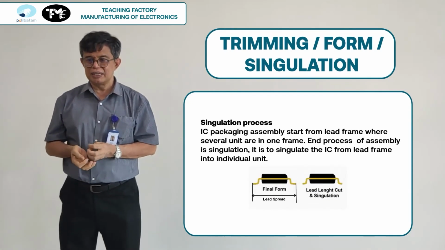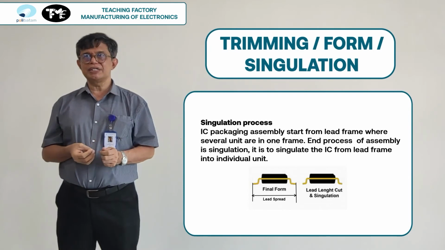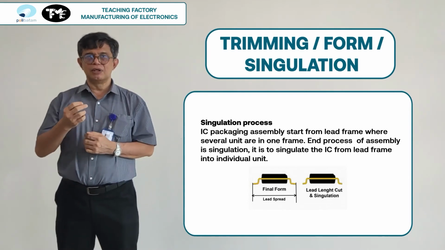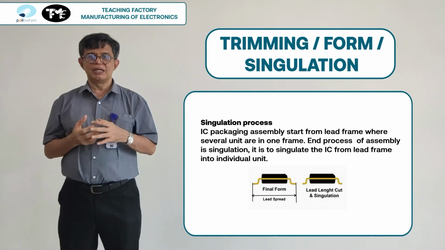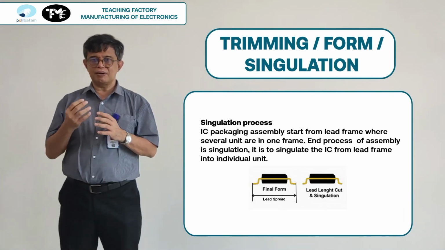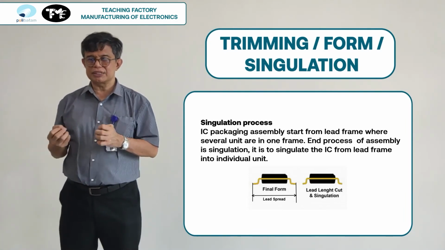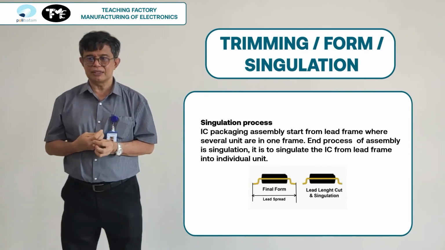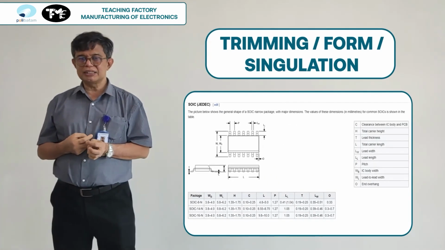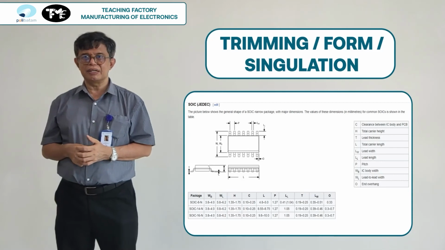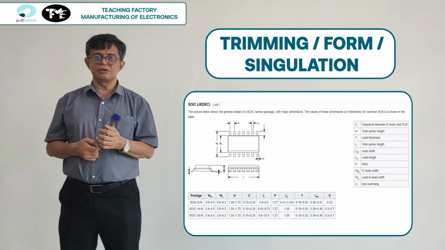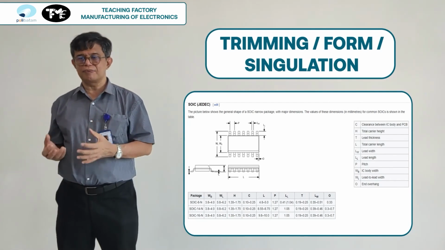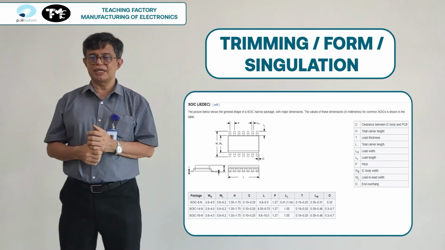Next is the singulation. Singulation is a process to make the unit separate from the frame, so that the unit will become individual after this process. So that's the singulation. And this is just a sample of the package outline drawing, of what we need to control in the forming process based on the JEDEC standard.